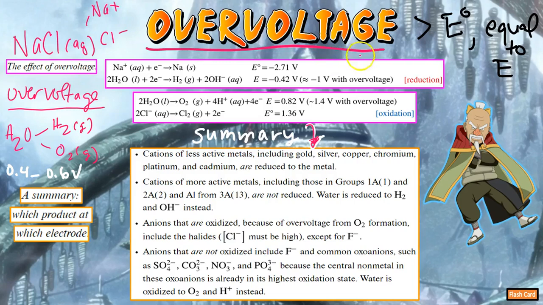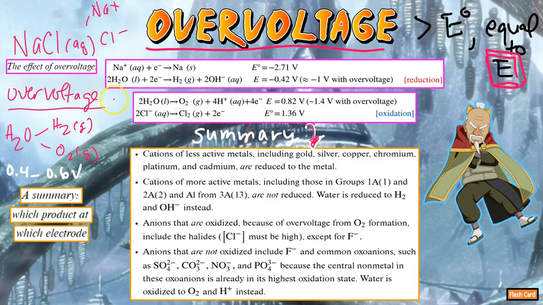And that means in order for overvoltage to happen, it has to be greater than the standard cell potential. And so if it's greater than the standard cell potential, and therefore cannot be the standard cell potential, it has to be the non-standard cell potential, which is why if you do see something that has an addition of overvoltage, it will simply have the non-standard cell potential and not the degree symbol like we normally see with standard cell potential.